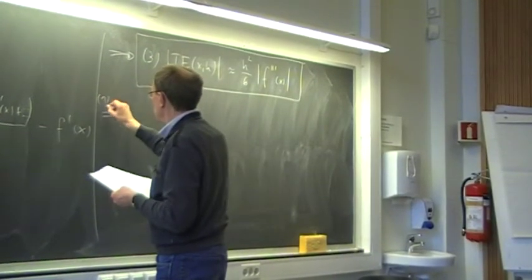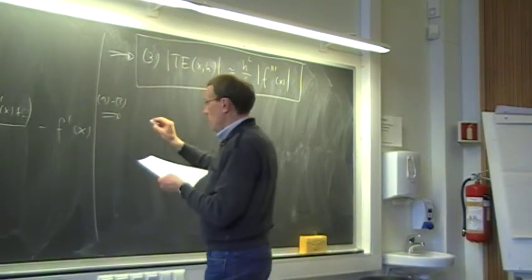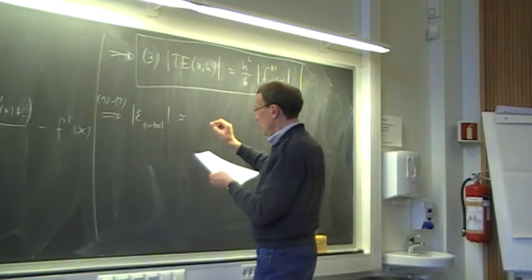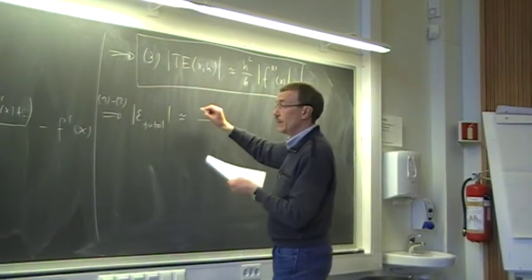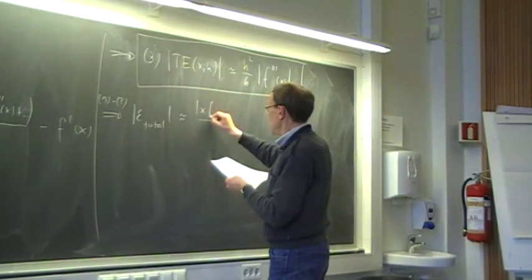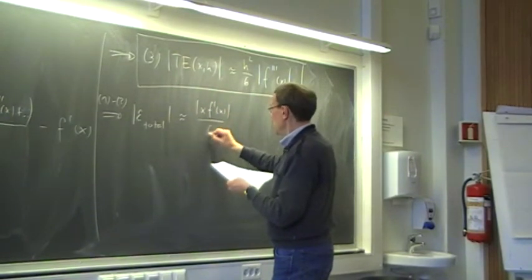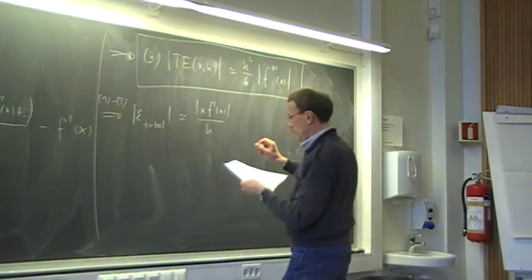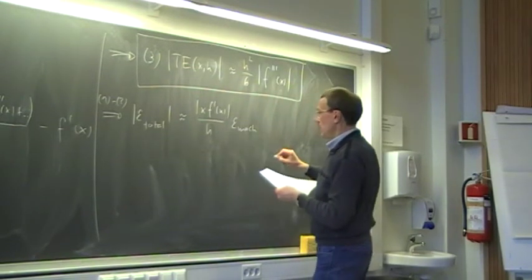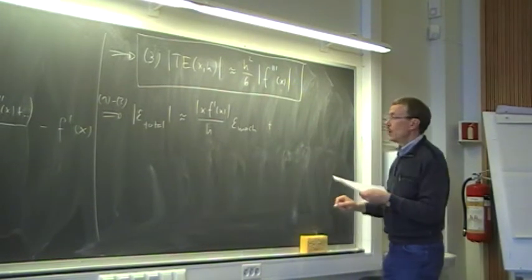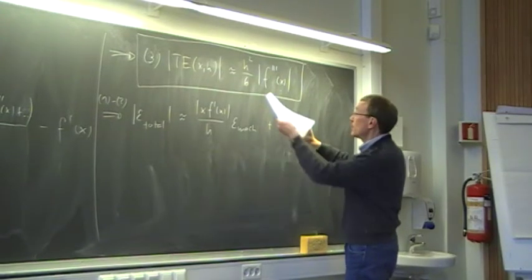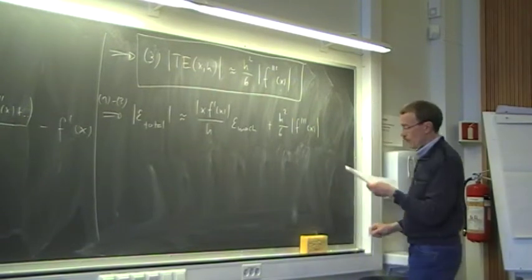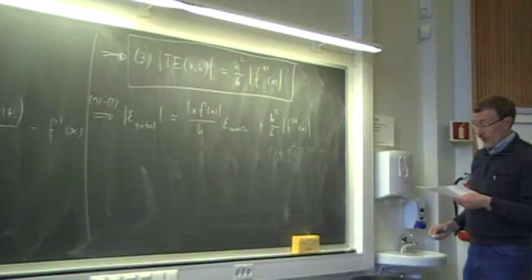So using these formulas 1, 2, and 3, we get that the total error is approximately equal to, and now we take what we have over there, that is x times f prime of x divided by 6, no, that was h, sorry, h times the machine epsilon, it's the rounding error, and we have now the truncation error, which we have here, which is h squared divided by 6 times the third derivative of f with respect to x. So that is our formula that we get.